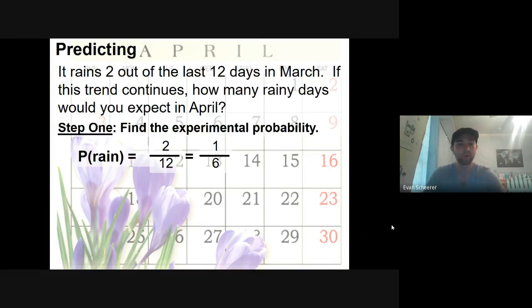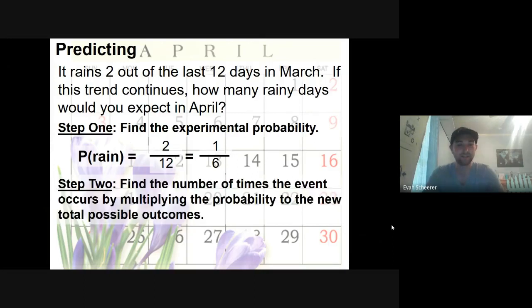But how many total days are there in April? There's 30, right? So if we want to find the number of times the event occurs, you multiply the probability by the new possible outcomes. So it rains once every 6 days, but there are 30 days, right?